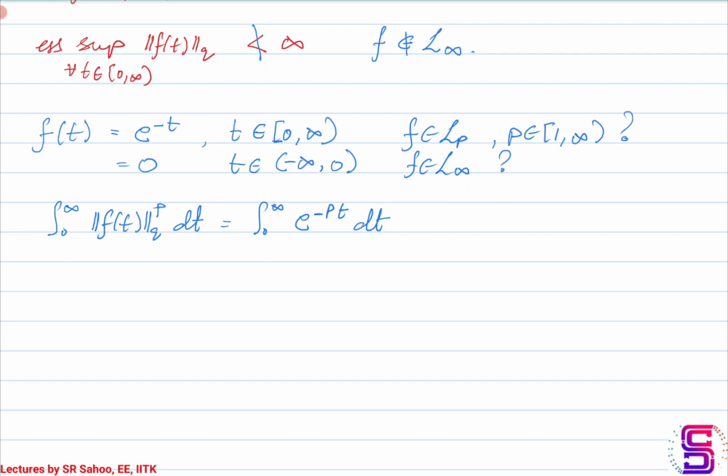I think you can verify this to be less than infinity. So the area under this curve is going to be finite over the interval 0 to infinity. Once you verify this, you can establish that f belongs to LP. In fact, it belongs to all the LP spaces.